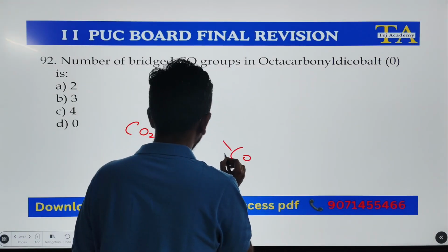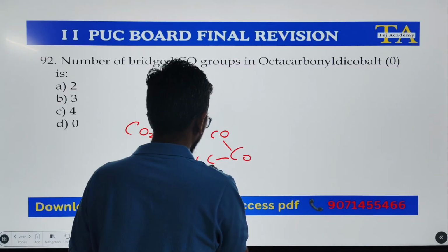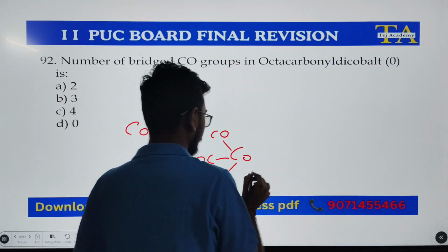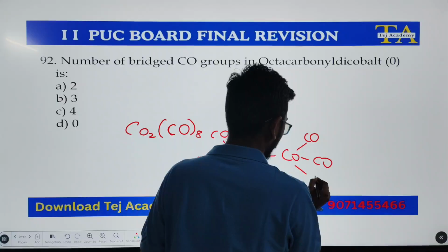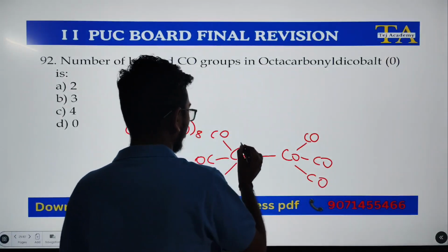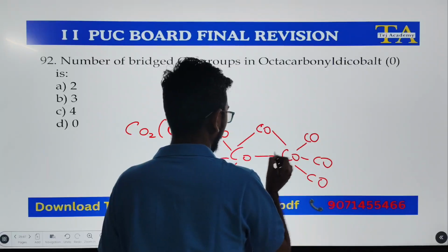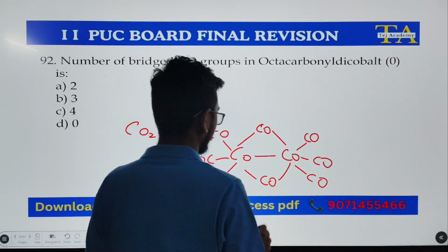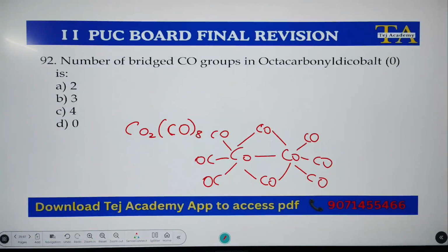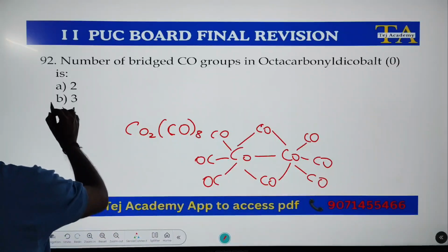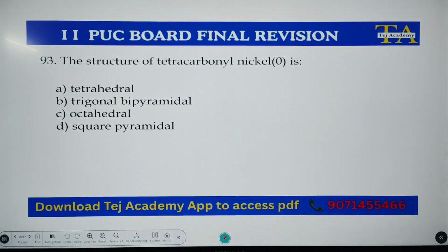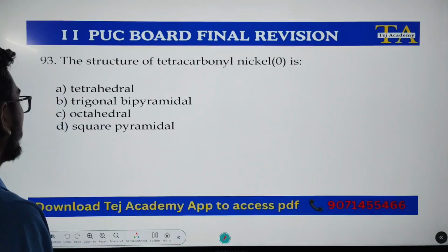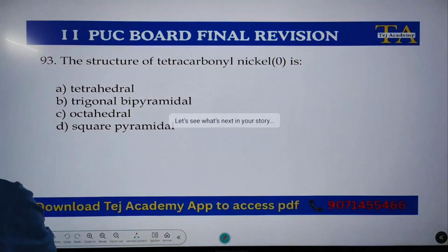Cobalt: 1 carbon monoxide, 2, 3, then 1, 2, 3, so how many? 6, 7, 8. Now how many bridged carbon monoxides are there here? 2. So option A is the right answer. The structure of tetracarbonyl nickel, I think the same question is repeated. We'll move to the next question.